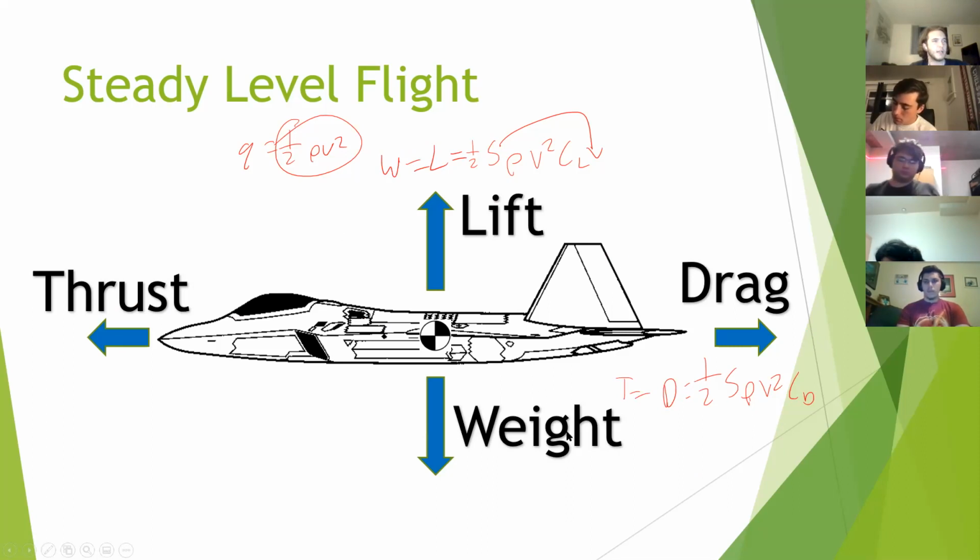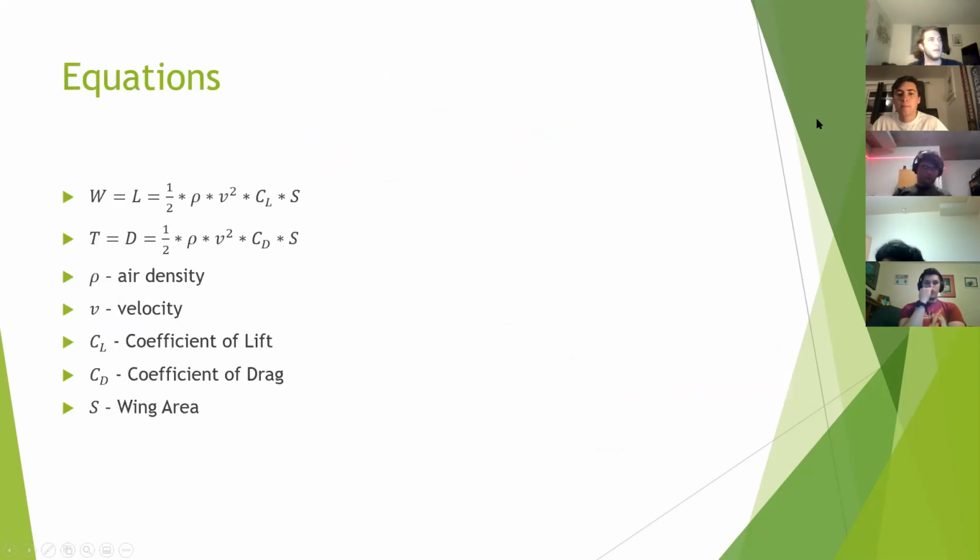This is gonna come up a lot because it is very convenient for modeling to just assume steady level flight. All right. So you beat me to it. We got those equations, and I just defined the variables here in case you need them.